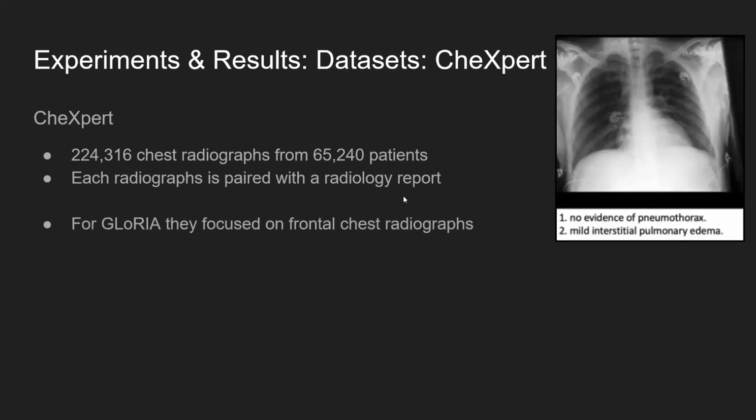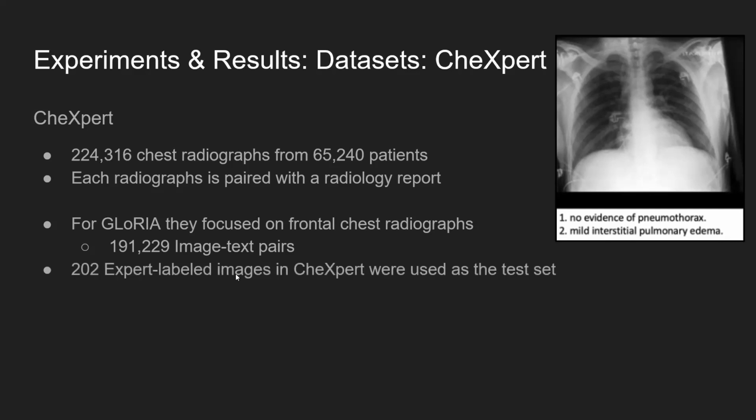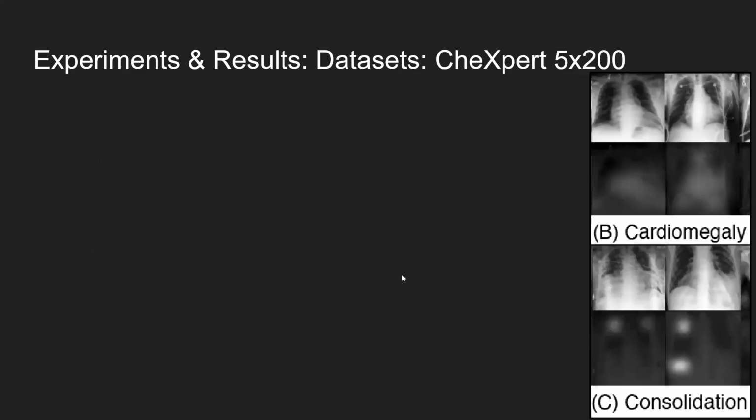For GLoRIA, they focused on frontal chest radiographs, which reduced the number to 191,000 image text pairs. There were 202 expert labeled images in the CheXpert data set, and these were used as a test set. Then 5,000 images from the training data were selected for validation.